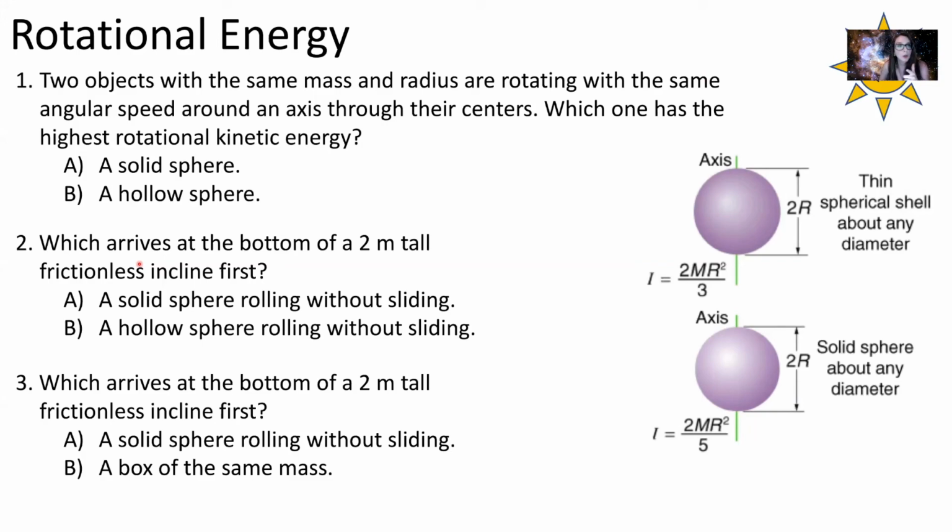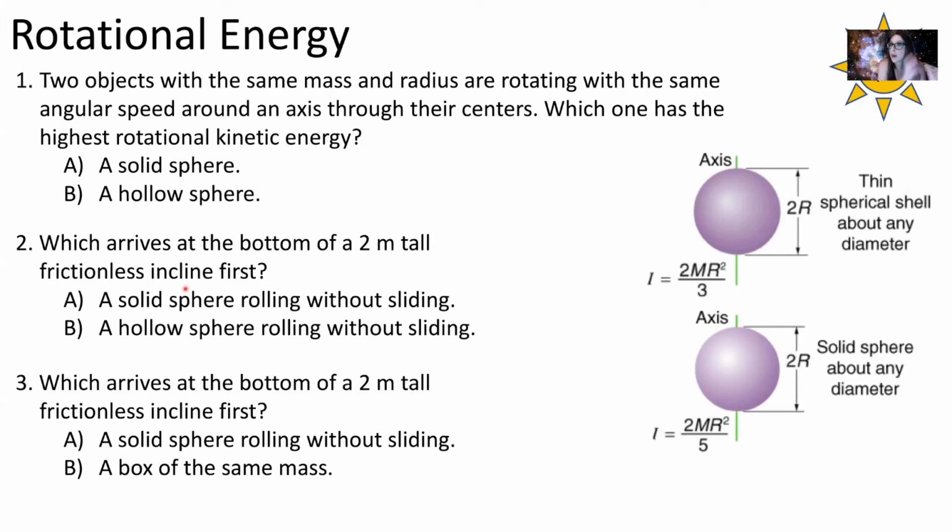Okay, so which one arrives at the bottom of the incline first? That's going to be the one that has the largest linear velocity v. And so you're going to have to think about, as those objects are rolling down the incline, which one's going to have the largest rotational kinetic energy?